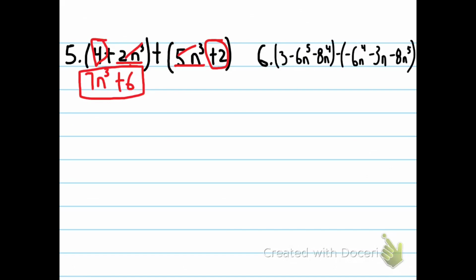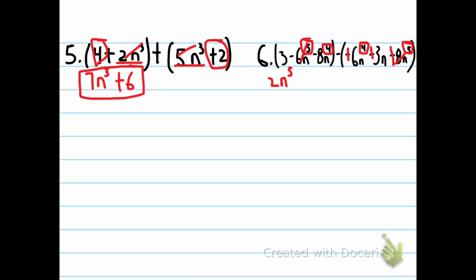Number 6 is a little bit more difficult. First we have to change the signs. So these are all positives now, and then you just combine like normal. Both of these numbers have the exponent of 5, so we're going to copy those down first. So positive 8n plus -6 is positive 2n to the 5th. Cross these out. The next biggest exponent is the 4.